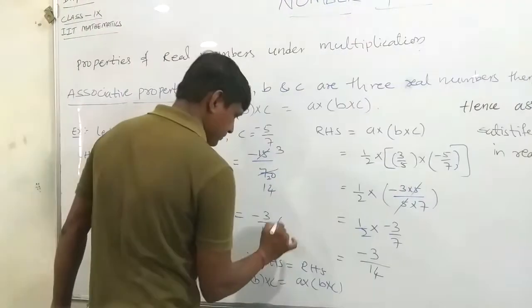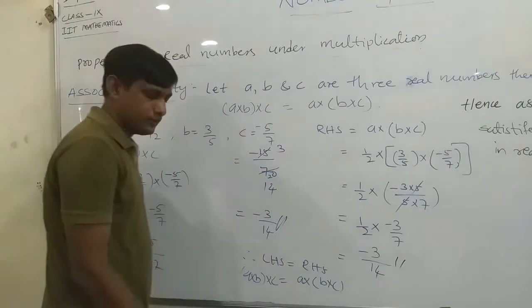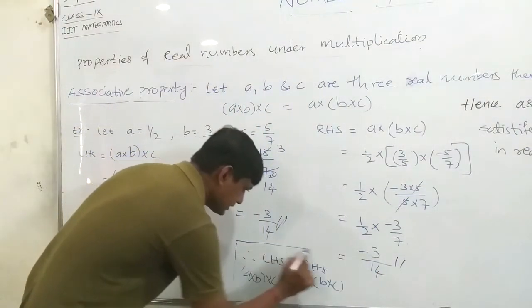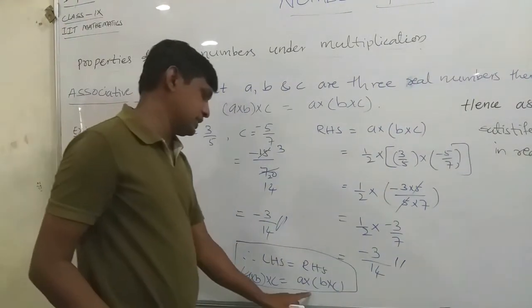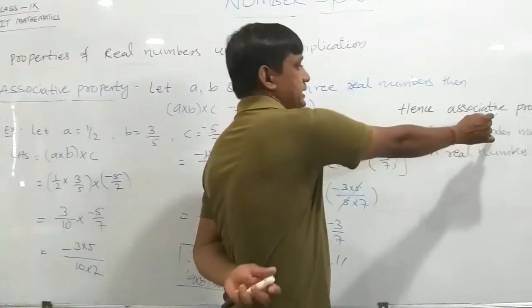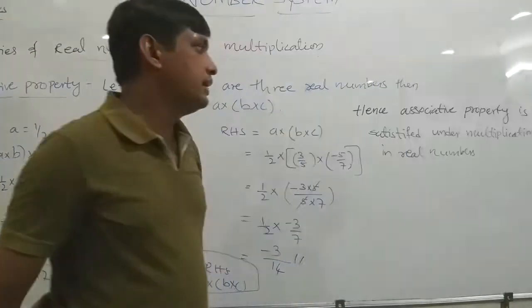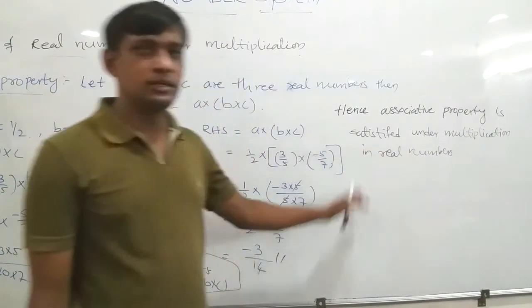So therefore here LHS is minus 3 by 14 and RHS is minus 3 by 14. So hence LHS is equal to RHS and A into B into C is equal to A into B into C. Hence associative property is satisfied under multiplication in real numbers.